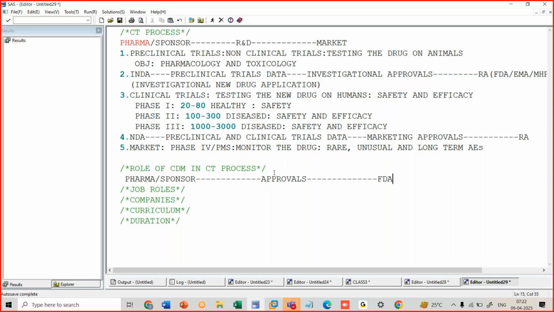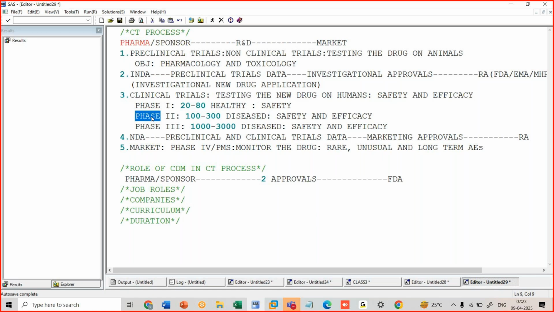My question is, how many approvals do we need? Two approvals. Perfect. Even after phase 1 and phase 2 we need approvals, but majorly I'm categorizing into two approvals.